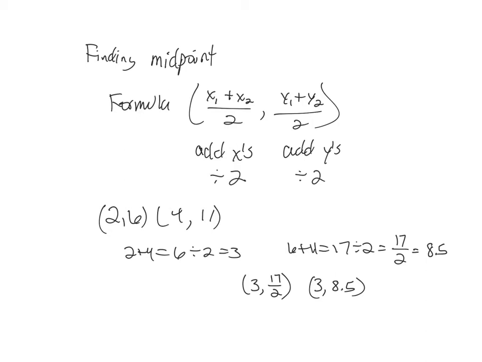I think 8.5, if I had to lean one way, I'd probably go with this one because we're looking at like a point on a graph, really. And if I said where's 8.5 on a graph, you could go there. If I said where's 17 over 2 on the graph, you'd have to figure out that it's 8.5 anyway. But if it said find the midpoint and you put 3 and 17 over 2, correct answer, you're good. Okay?